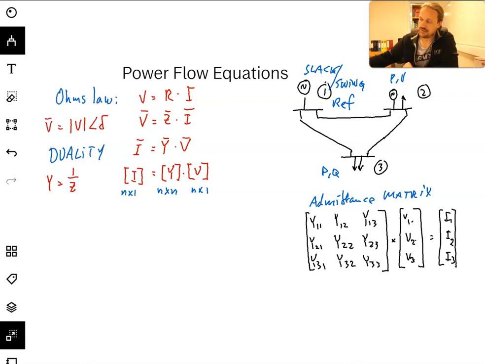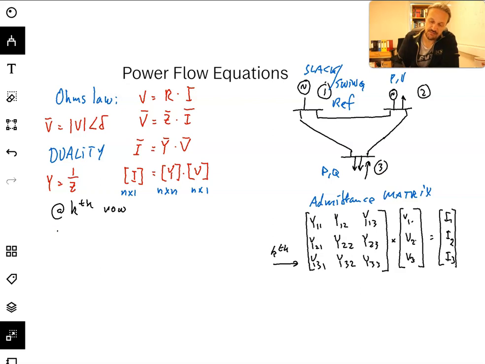If we go in here and we look at this row 3, we call this some k row, so this is the kth row that we're looking at. If we are at the kth row, let's say that's for this case, because if we're looking at this row 3, we are going to get the current that's injected into this bus here, 3.